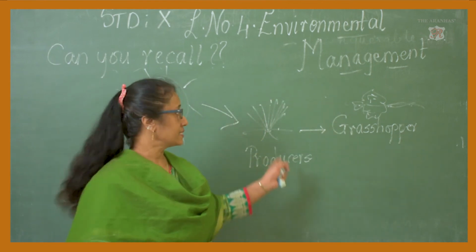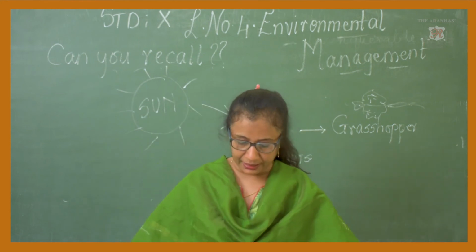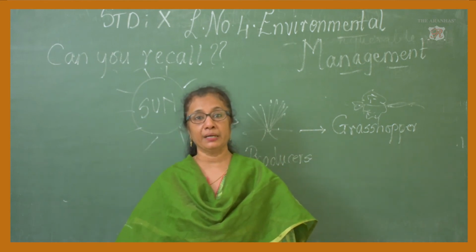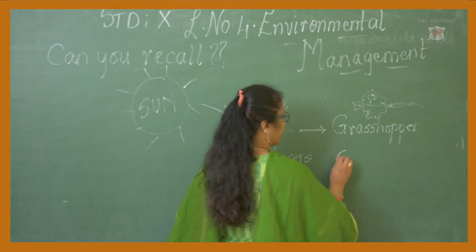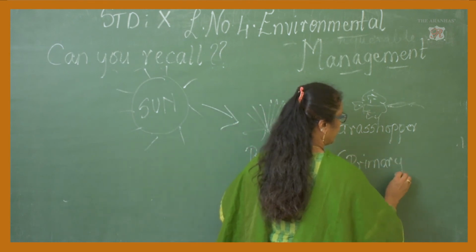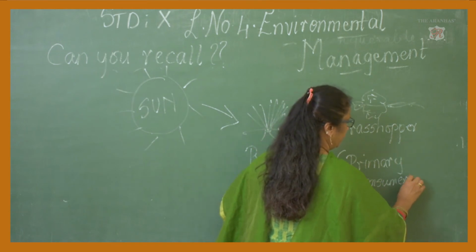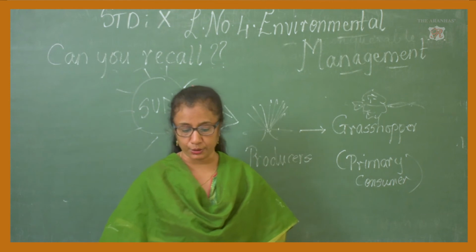Yes, the grass is eaten by the grasshopper. So what does the grasshopper become? It becomes the primary consumer. What does the grasshopper become over here, children? The grasshopper becomes the primary consumer.